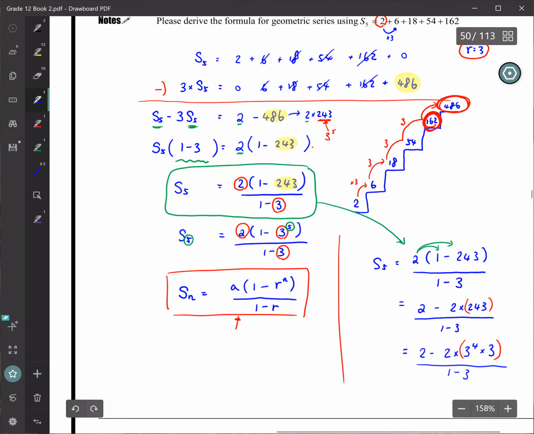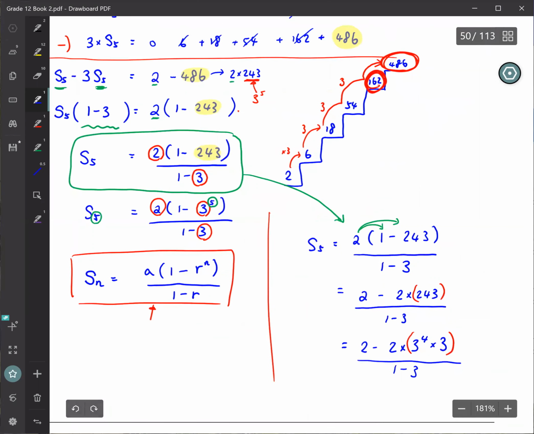Do you understand what I did here? Can you raise your hand if you understand how they equal each other? 243 is 3 to the 5. I just pulled it apart. Instead of writing 3 to the 5, I write it as 3 to the 4 times another 3.